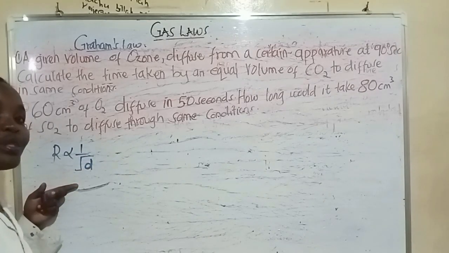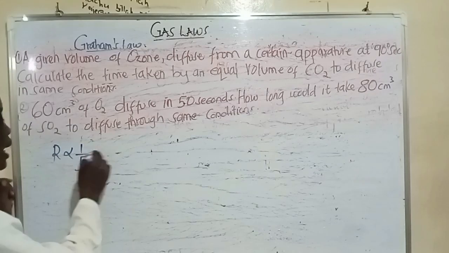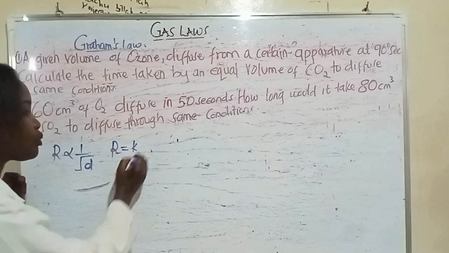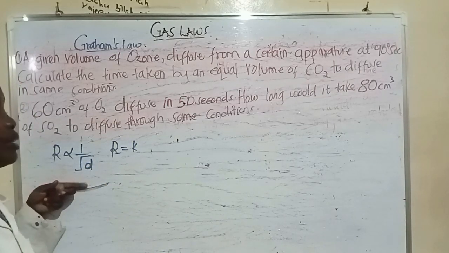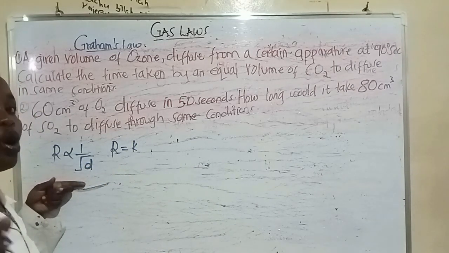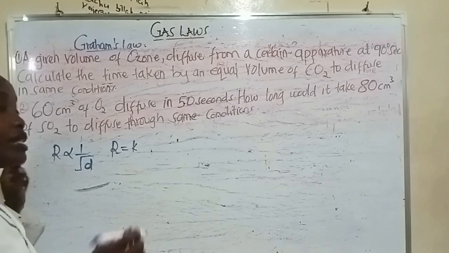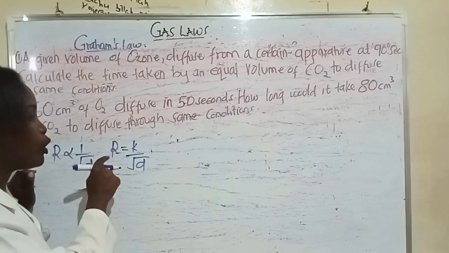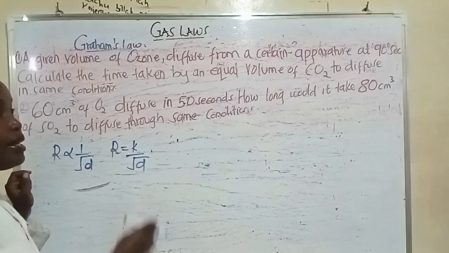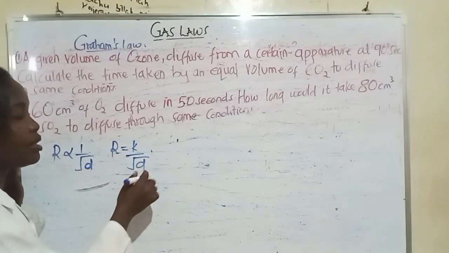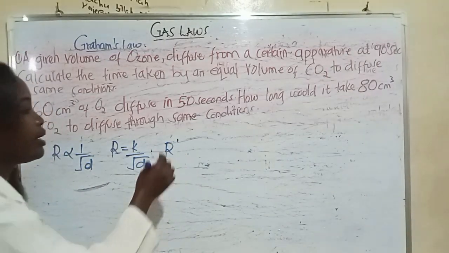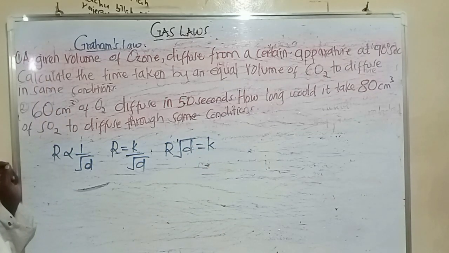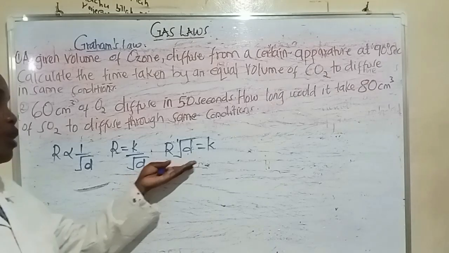We are going to introduce a constant of proportionality, and we write it like this. We can also rearrange it to have it in this form: rate is inversely proportional to the square root of the density at constant temperature and pressure.